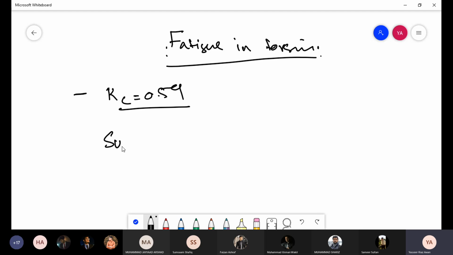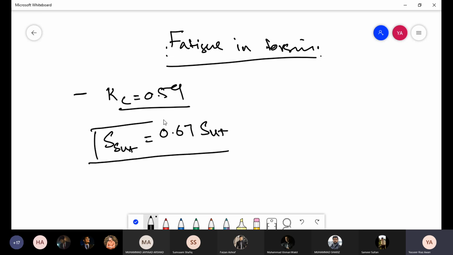And for shear ultimate strength, you multiply the ultimate strength with 0.67. So that gives you the shear ultimate strength.